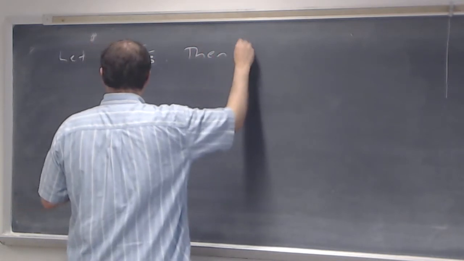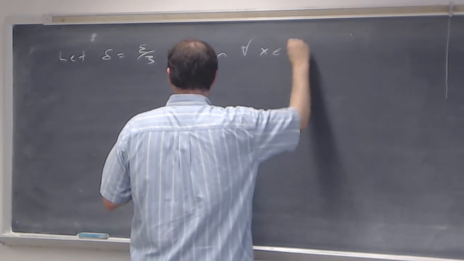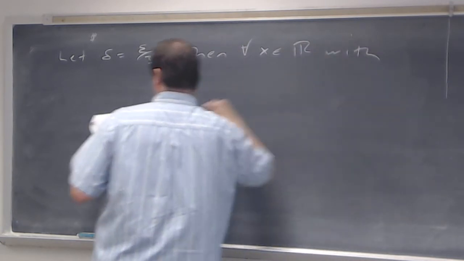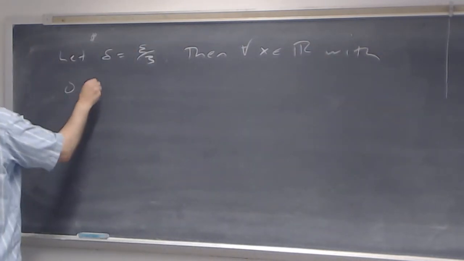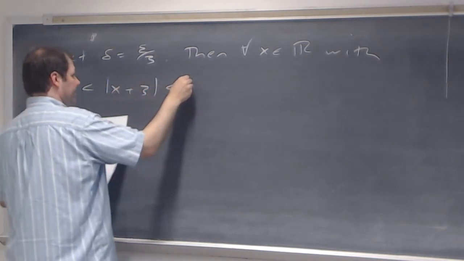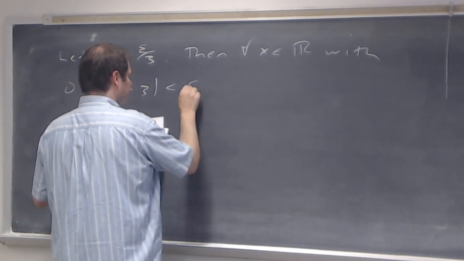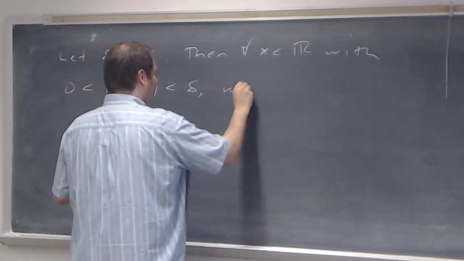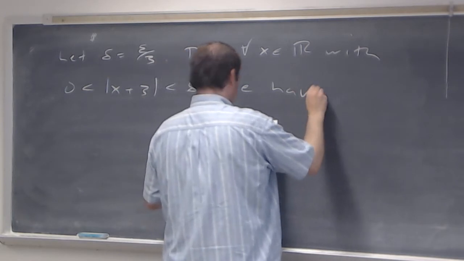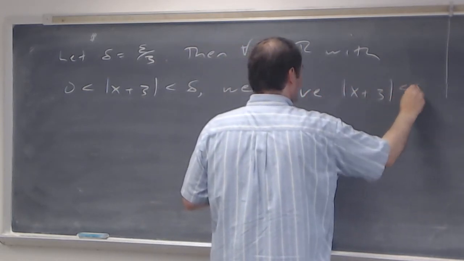Then, for all x in R with 0 less than absolute value of x plus 3 less than delta, we have the absolute value of x plus 3 is less than epsilon over 3.